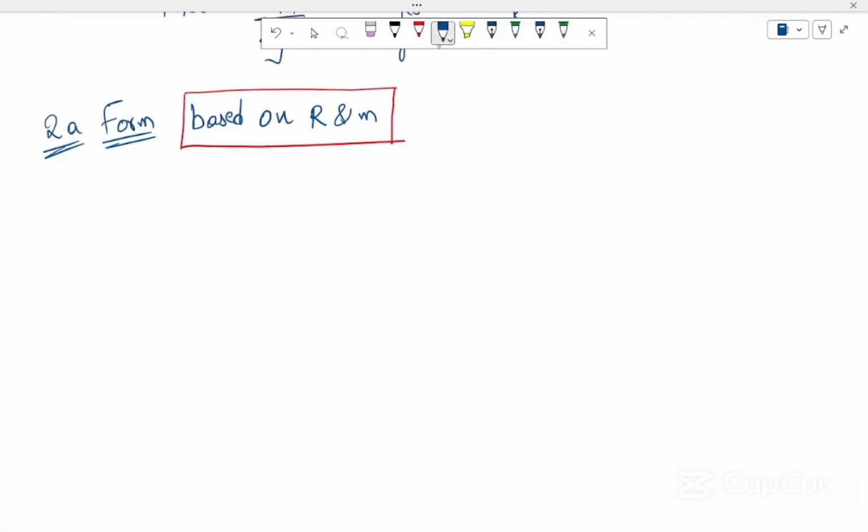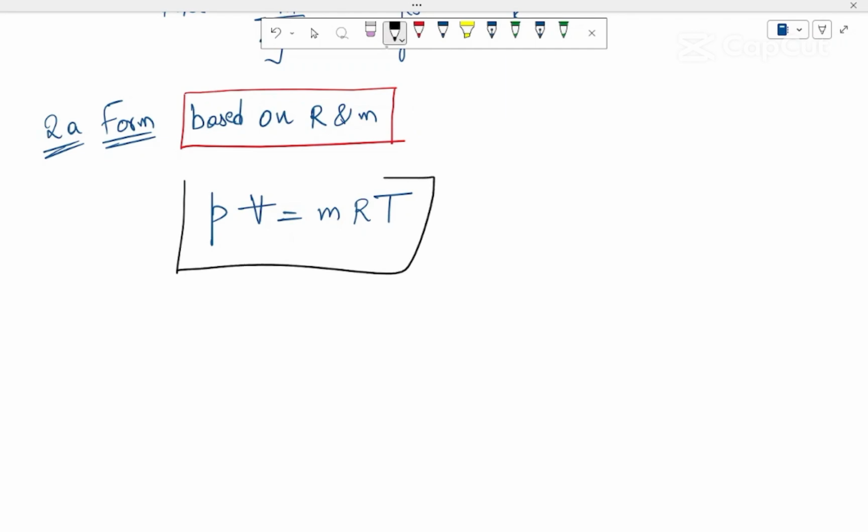Now the 2A form will be looking like PV is equal to M R T. So this is the expression that you will get here, in terms of R and M.